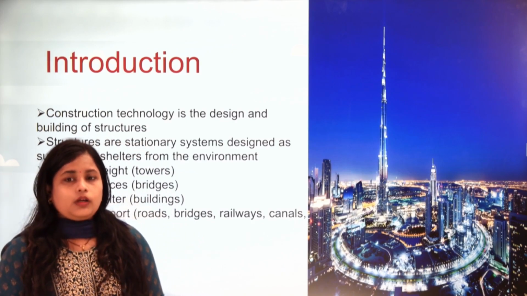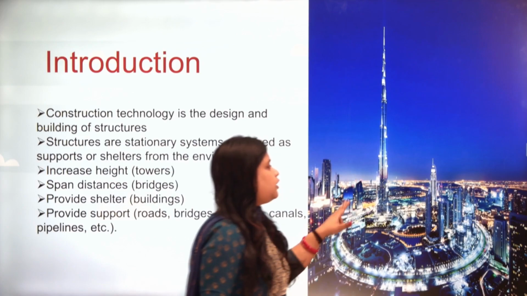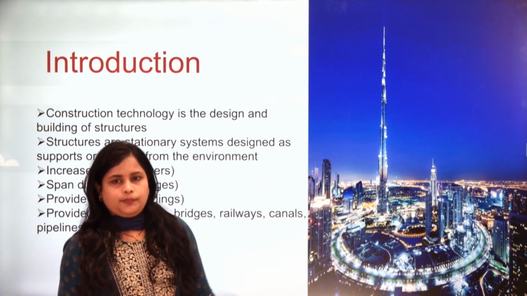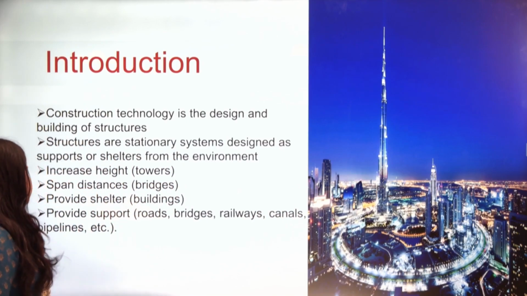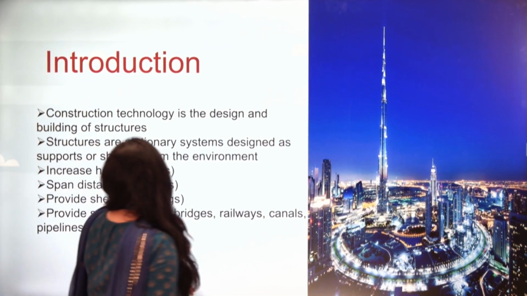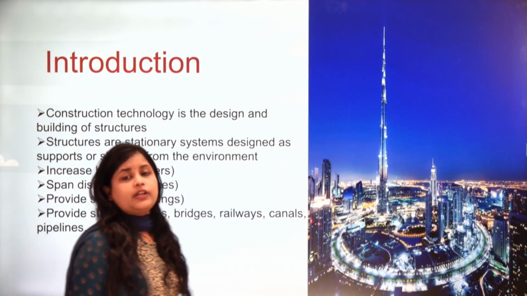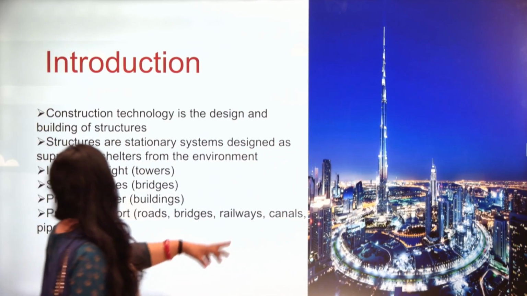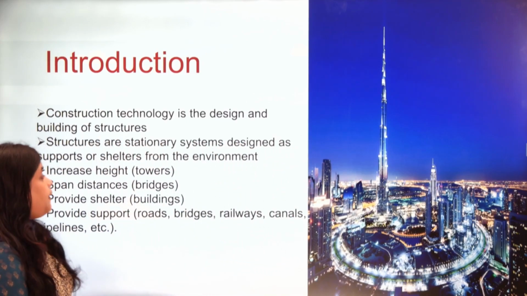Here is the picture of Burj Khalifa. It is situated in Dubai. Here it shows increasing heights. Burj Khalifa is a tower. Here it is shown, increased height towers, span distances.